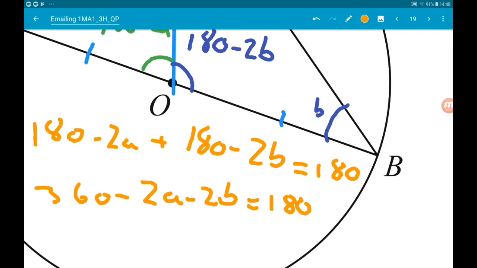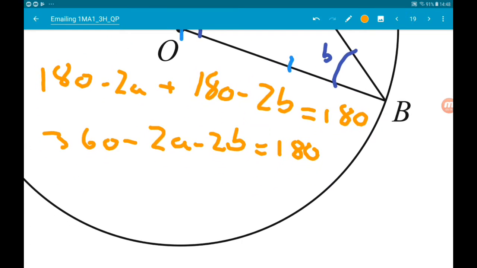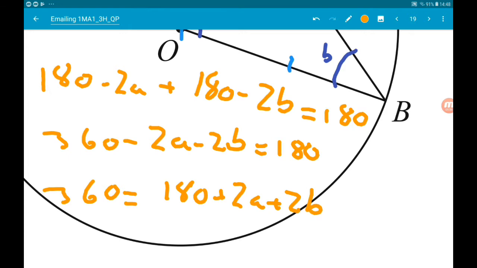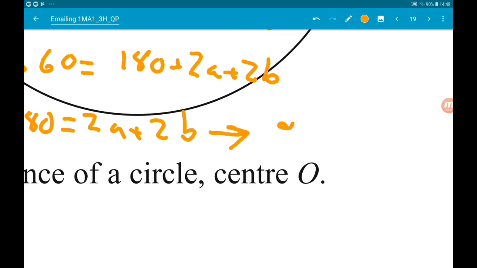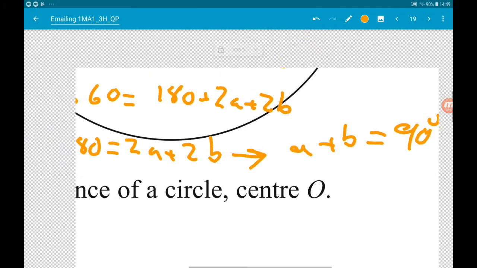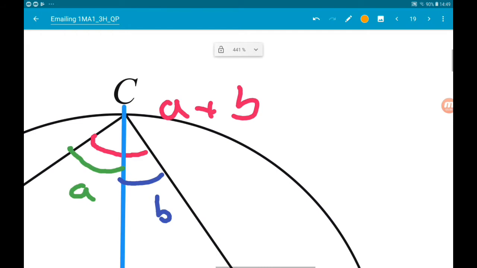Now, if we add 2A and 2B to both sides, we get 360 is 180 add 2A, add 2B. Take away 180, 180 equals 2A, add 2B. Divide by 2, we get A add B is equal to 90 degrees, which is our angle up here.